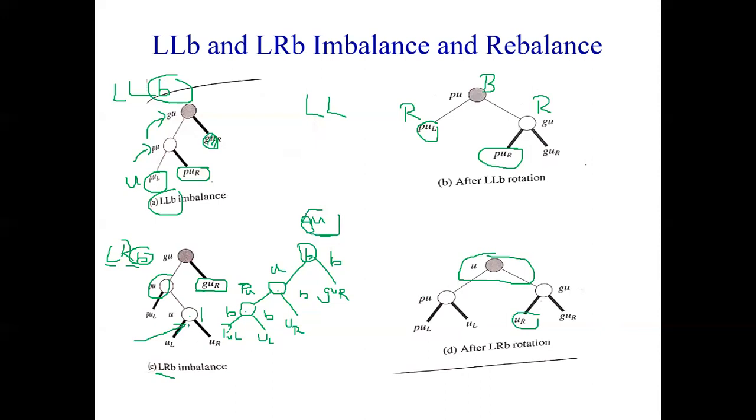Whenever we add a leaf node, we give it red color. But now U has moved to the top. It has become either the root of the tree or at least the root of the subtree. So now you just make U black and its children red. That's it.